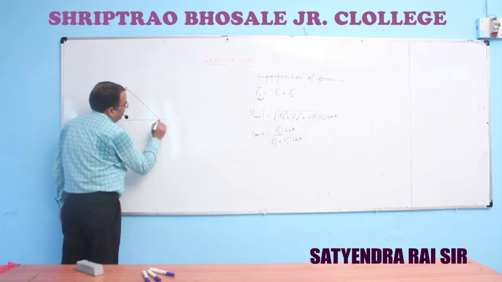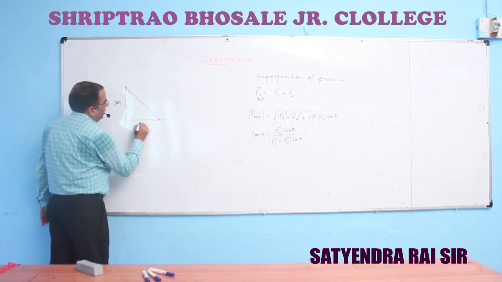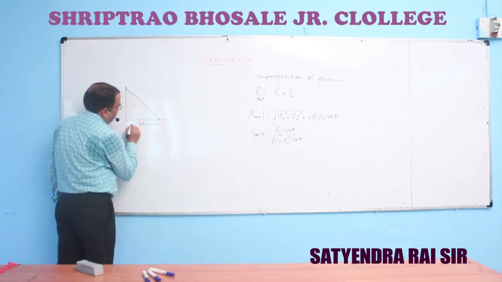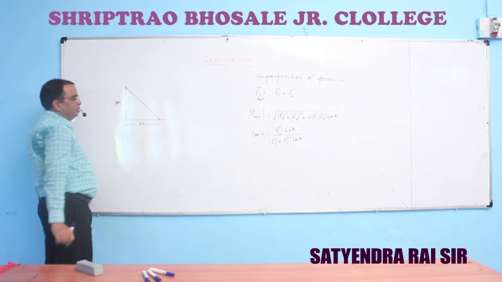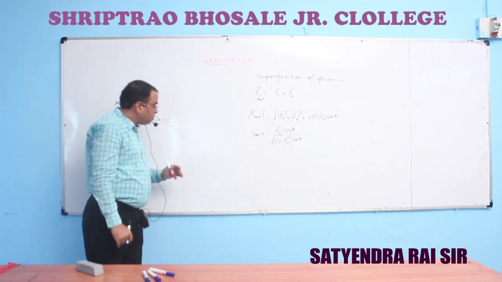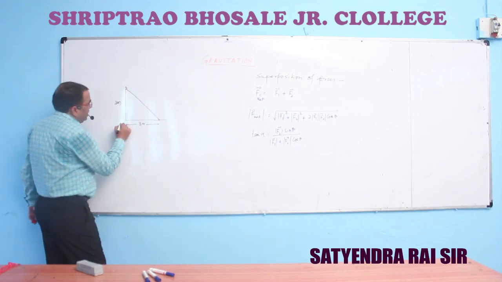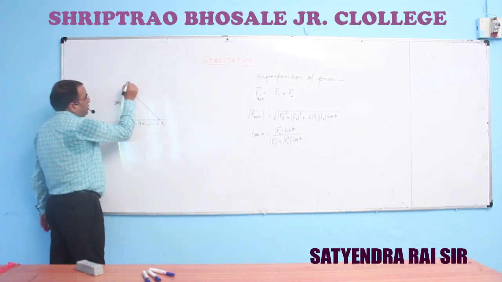The sides are, say, 3 meter each. So let us say this one is 3 meter and this one is also 3 meter, and this triangle is A, B and C.